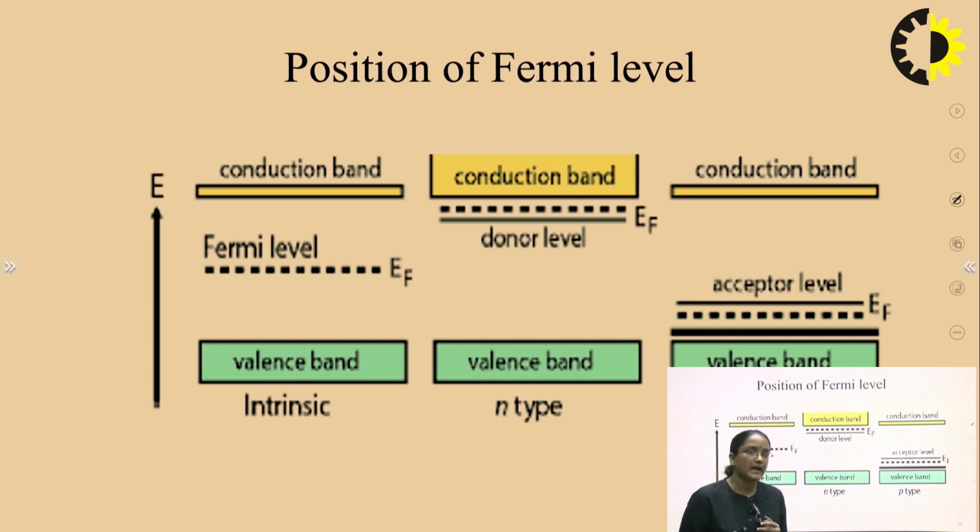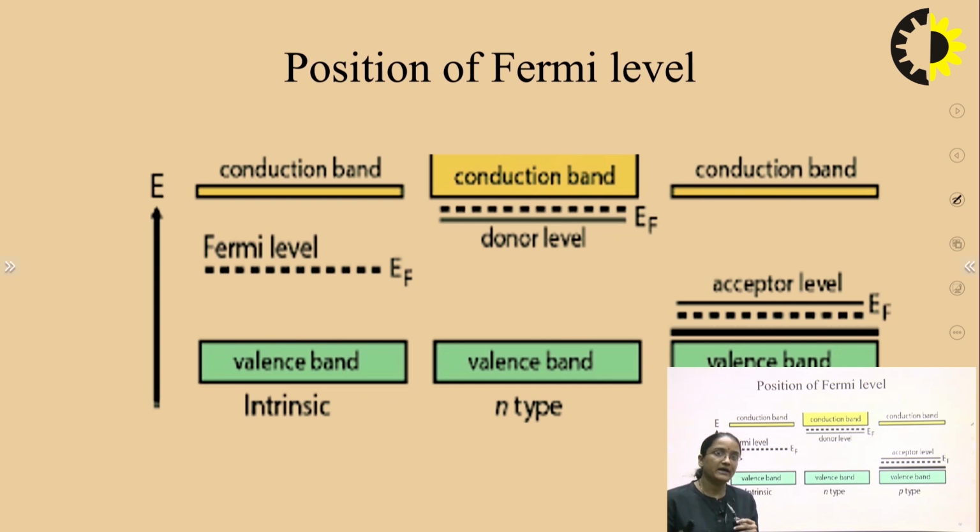Next, for the n type, the Fermi level will be close to the conduction band, and in n type one of the energy levels that also exists is the donor level. Now what is the donor level? Donor level is occupied by the density states of the atoms which are closer to the conduction band, or we can say the effective density states of the electrons closer to the conduction band.